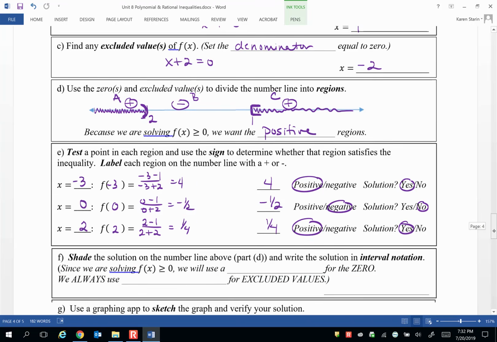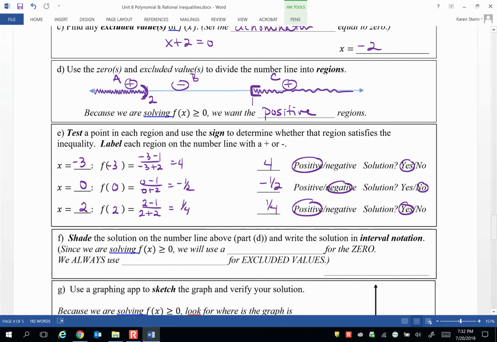So now let me slide that up just a little bit and write down what I just said. Since we're solving a greater than or equal to, we're going to use a bracket for the zero, which was +1, and we're always going to use a parenthesis for excluded values, and -2 was an excluded value.